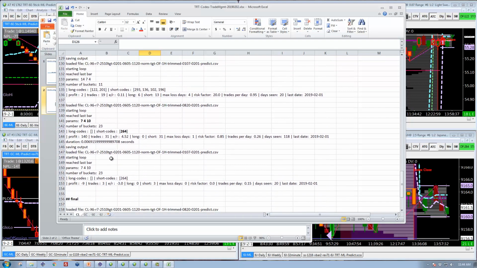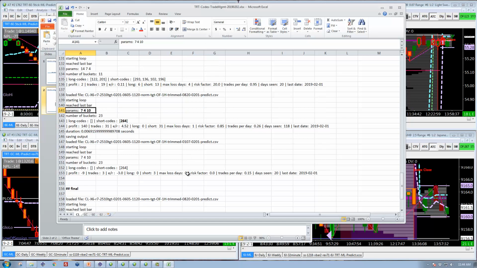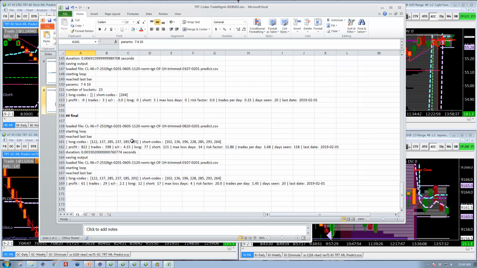And then here we're dropping down to 1 week, 7 days, a lower ER, a lower quality ratio of 4, but I have to see it a lot of times, 10 times out of 23, not quite 50%. I did this a bunch of times. The interesting one that showed up was 264 short. So I take all of that, and then I run some different combinations of it to yield the final, which is what this is.